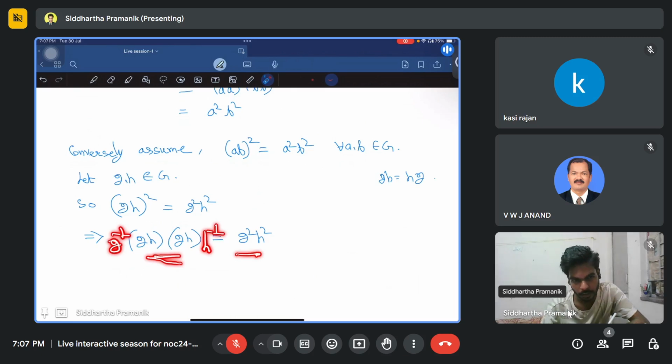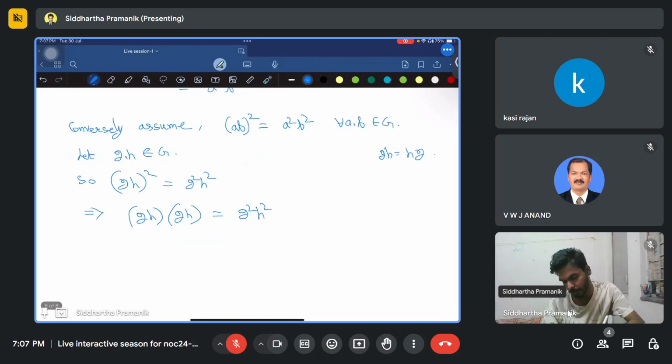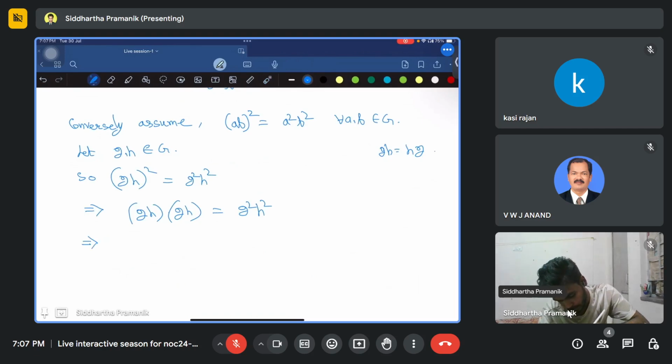So let's do that. g inverse, gh, again gh, h inverse. We can use associativity to write the brackets in any form we like. The right-hand side is also g inverse g squared h squared h inverse.